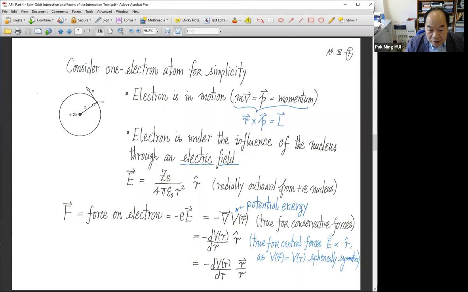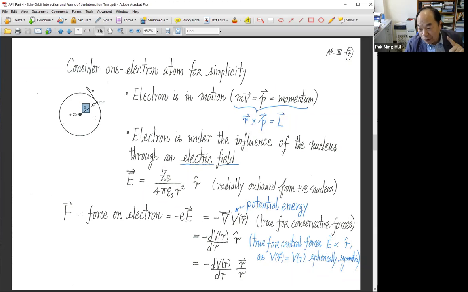With this, we have the electron in motion. Therefore, we can multiply by the mass of the electron, and mv becomes the momentum. Okay? And now it is at a position depicted by this position vector r. Again, there's a direction, okay?